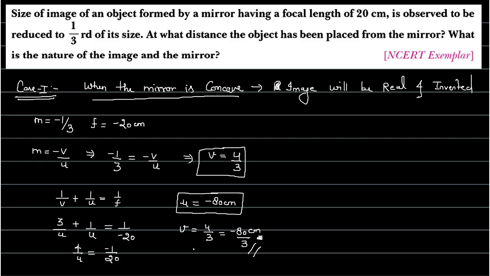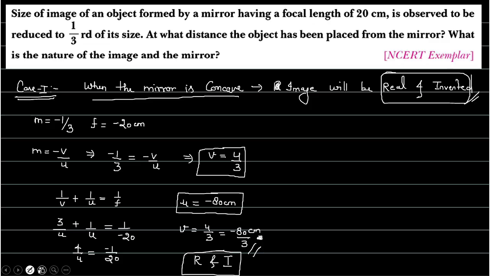Since it is coming negative, I can say that the image will be real and inverted. I already declared it by looking at the value of m, but now I can say it very surely that definitely the image is real and inverted. This is our case 1.